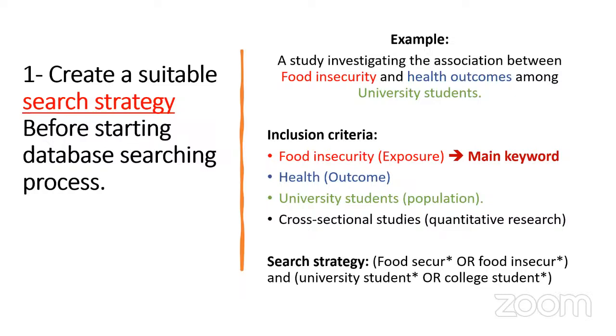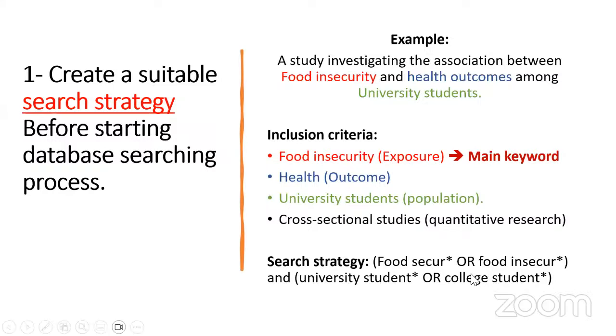So for our inclusion criteria, we are looking for food insecurity, which is the exposure, and it's the main keyword of our search. And the outcome is health. The population is university students, and also you can add more inclusion criteria depending on your target or your aim of the research.